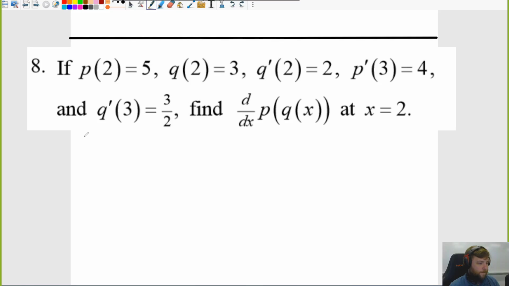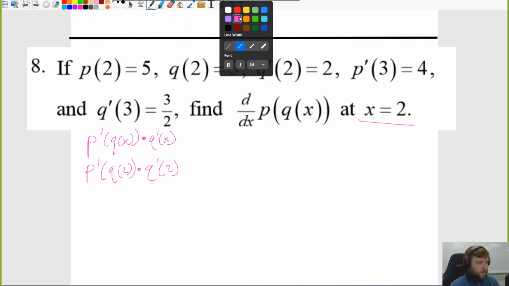All right. So the derivative of that should be p prime of q of x times q prime of x. Right? And then at x equals 2, so that will actually be p prime of q of 2. Now, especially when we're doing composites, we're plugging in numbers, you want to write out your work, because if you try to do it in your head, you'll fall for the trap. You'll do like p prime of 2 instead of doing the inside first.